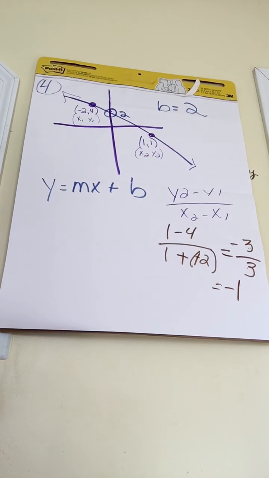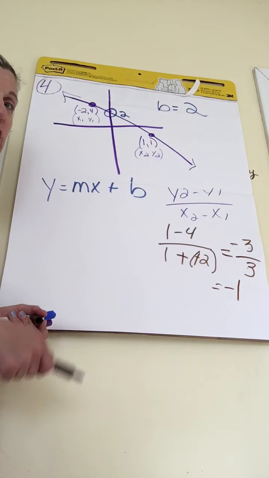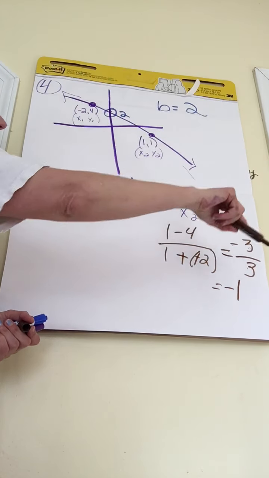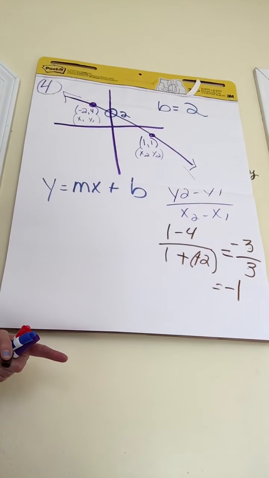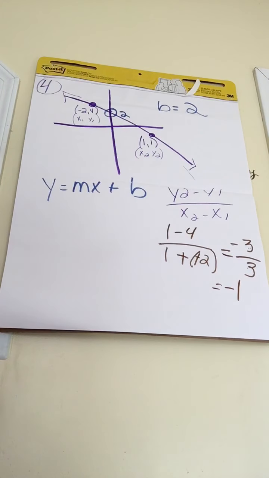So my slope is negative. I can do a quick check. Math reasoning: negative slope, my line should be going downhill. Is my line going downhill? Yes, it is. So I can reasonably assume that I'm on the right track.